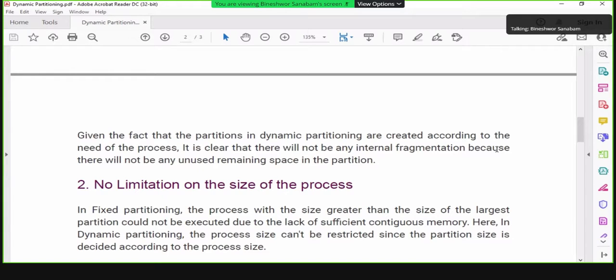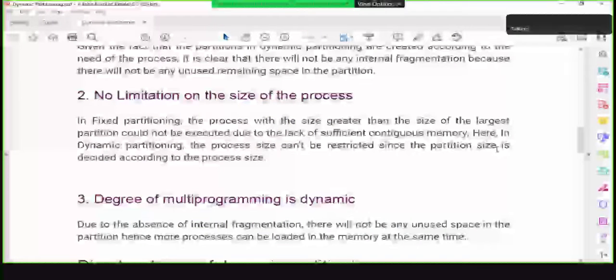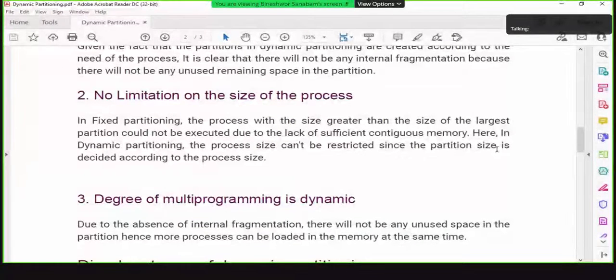But in dynamic partitioning, as the partition is dynamic, we can allocate processes of different sizes. Then the degree of multi-programming is also dynamic. Since we have no internal fragmentation, there are chances of a larger number of processes being allocated in the memory.